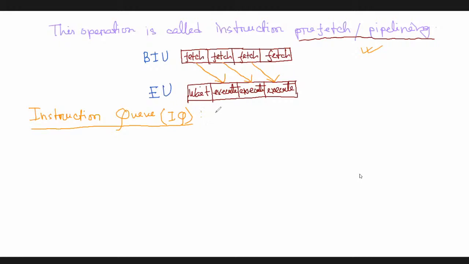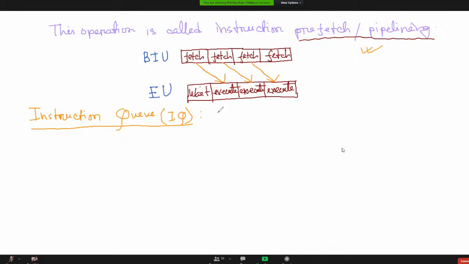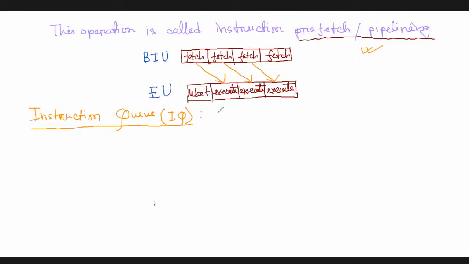The instruction queue is nothing but a set of internal memory inside the bus interface unit. The instructions are transferred to the instruction queue and placed there. So you can say 6 locations of memory inside the processor, used for holding 6 consecutive data.